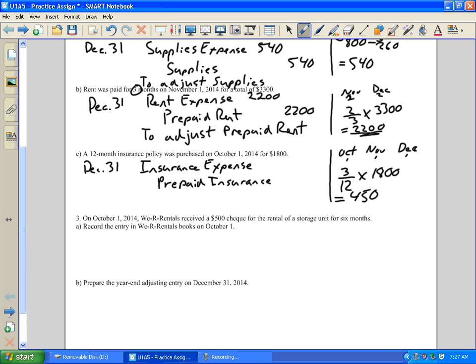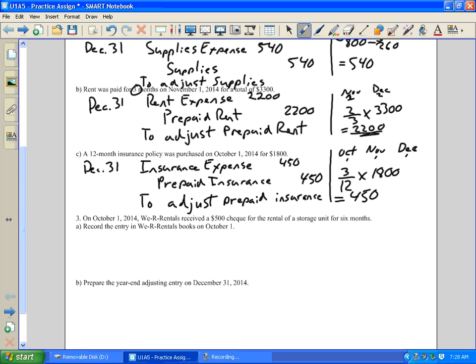It should have a debit balance at this time of $1,800, but we have to reduce that by the $450. So we credit prepaid insurance for $450. And our description is to adjust prepaid insurance.